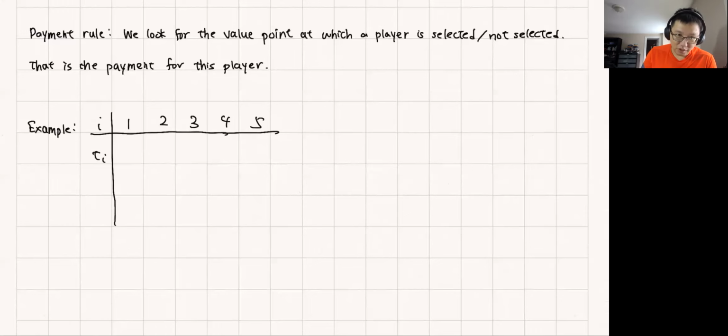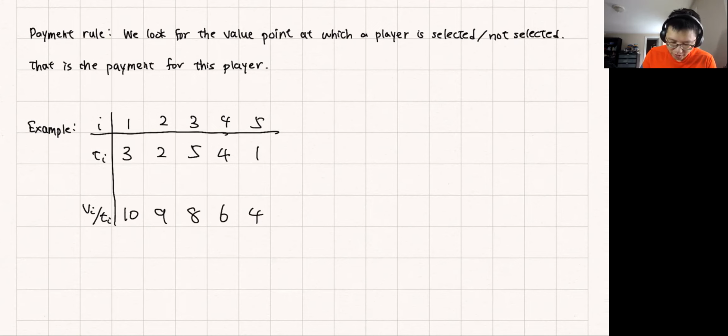They have the sizes 3, 2, 5, 4, 1. Okay, and we have the value densities. Let's say 10, 9, 8, 6, 4.